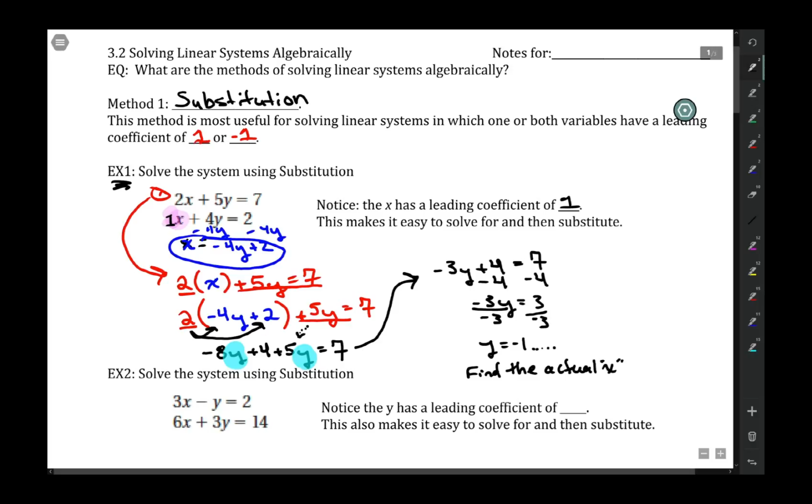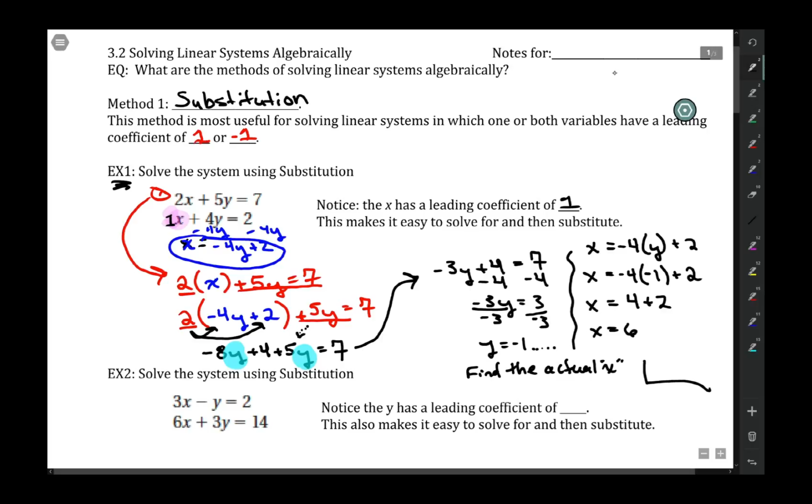Before, we just found its substitute. To do that now, we know x is equal to -4y plus 2. We found that y is really -1, and that means x is 4 plus 2, x equals 6.